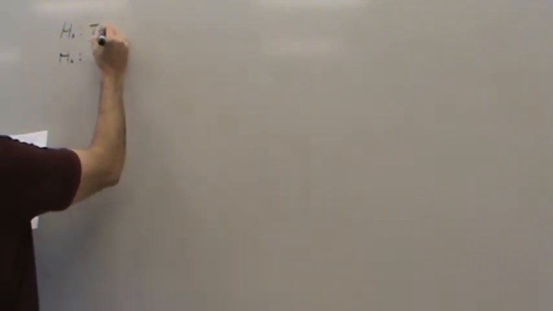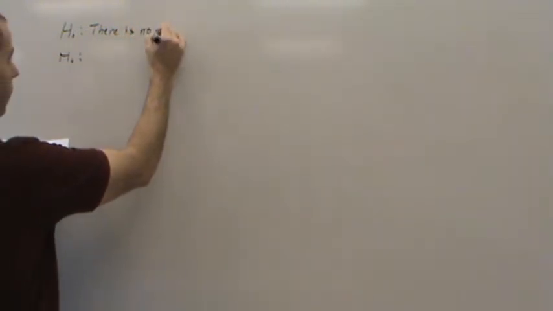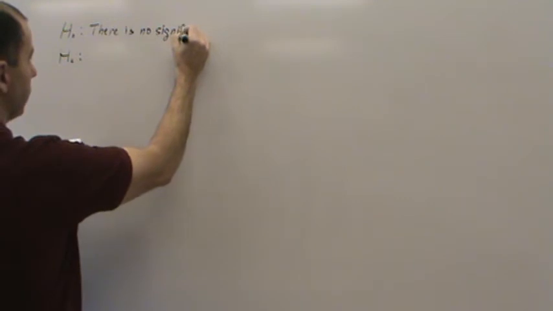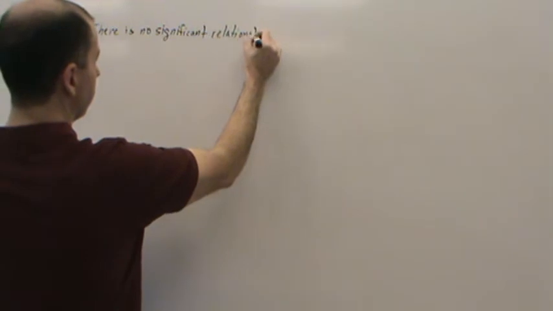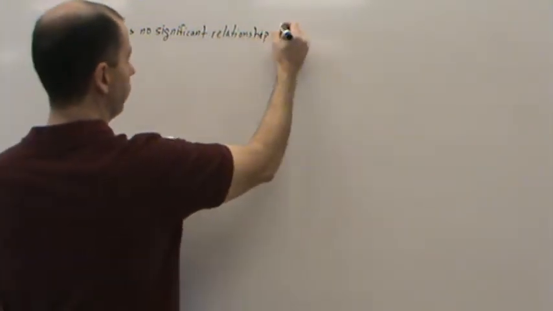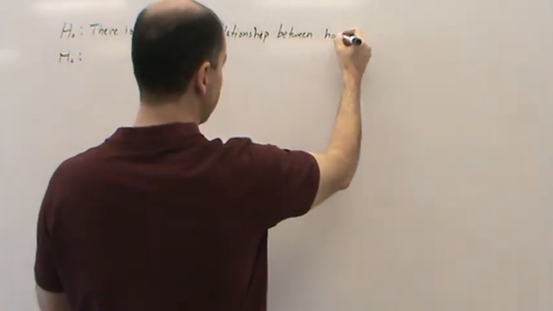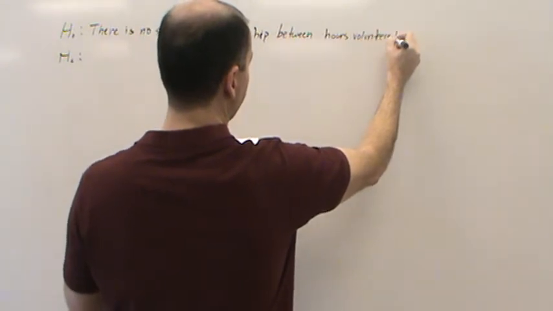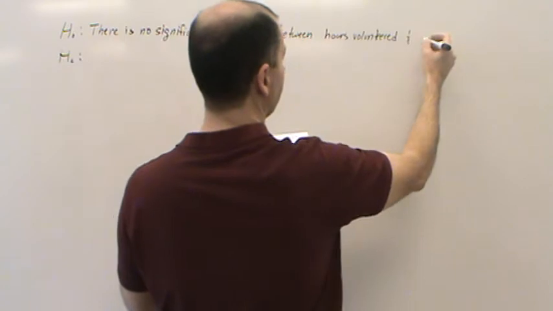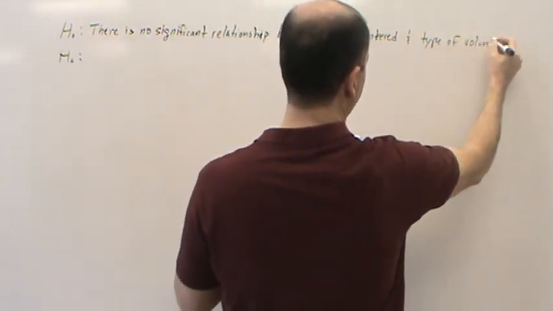The null is there is no significant relationship between hours volunteered and type of volunteer.